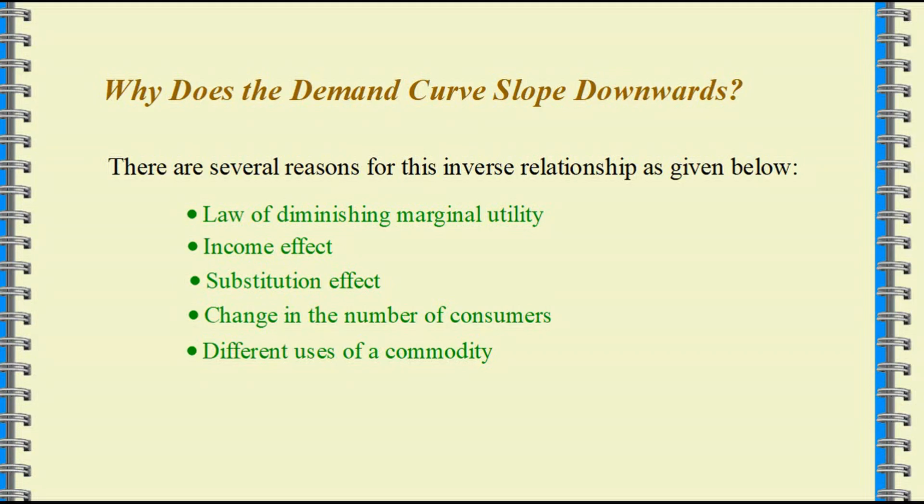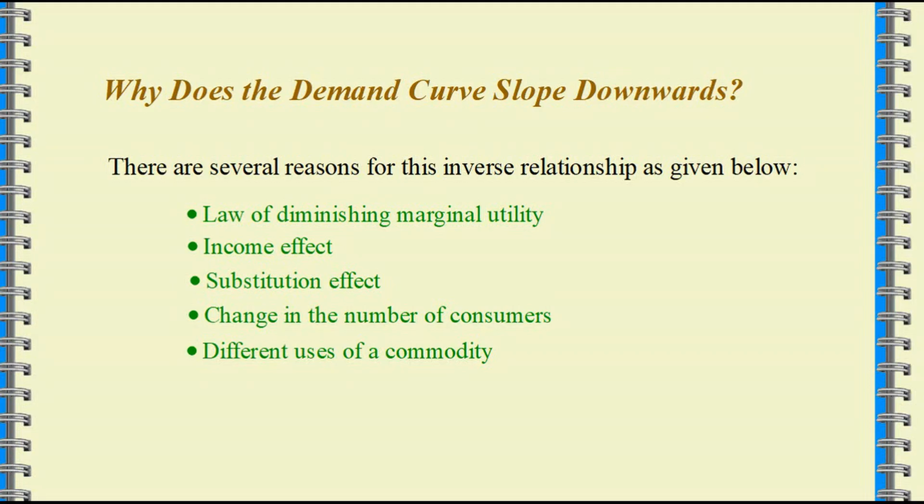Different uses of a commodity. When there is a low price for the product, the demand is going to be very high because at low price the product can be used for different purposes. But when the price increases, we are going to focus only on its essential use of a commodity.